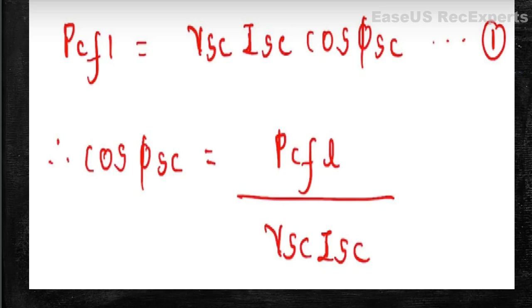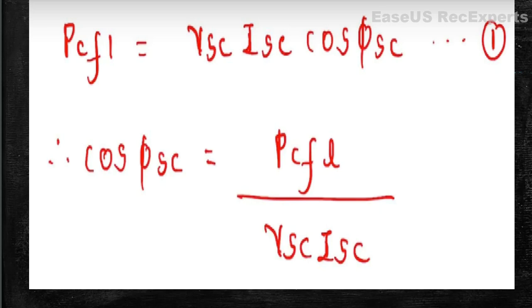Now the formula of the copper loss obtained from the wattmeter can be written as PCFL is equal to VSC ISC cos phi SC. Here cos phi SC is the power factor under short circuit condition. Rearranging, we can write the formula cos phi SC is equal to PCFL divided by VSC into ISC.